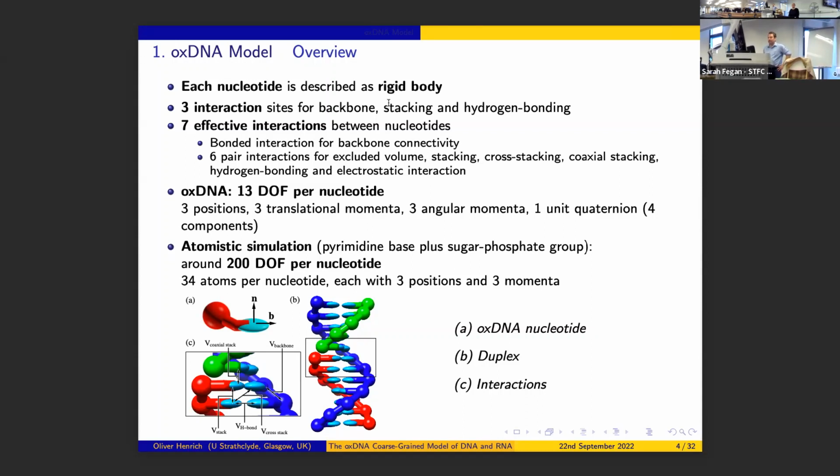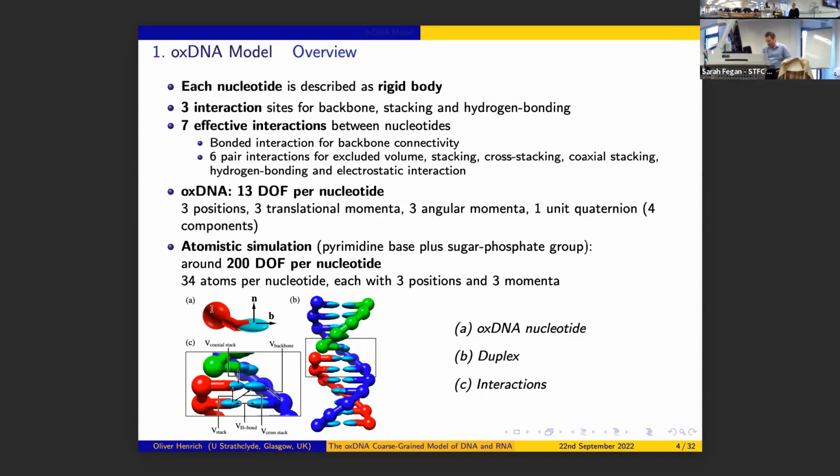The key idea of the model is that each nucleotide is described as just one rigid body with position and orientation. Other coarse-grained models use more than one body, like 3 beads per nucleotide, so they've got a slightly finer resolution that leads to other problems further down the line. oxDNA has just one, and I'll point this out.